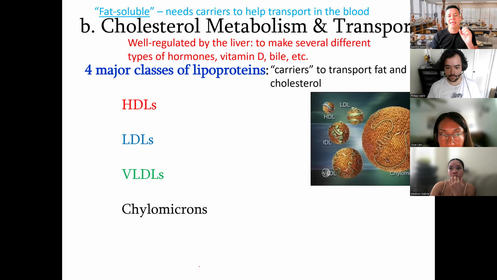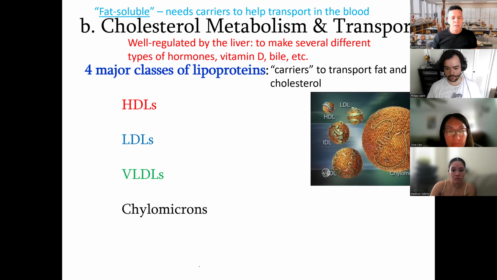Lipoproteins are carriers of cholesterol and fat. Lipoproteins will take cholesterol and other fats and transport them in our blood by encapsulating them into a little molecule made of fat and proteins, hence the name lipoproteins. And we have four different types of lipoproteins.